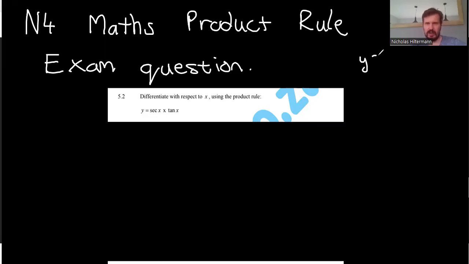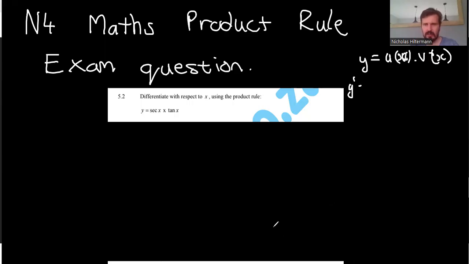So if you have y equals u(x) v(x), then the derivative y dash is equal to... this should be an x here.